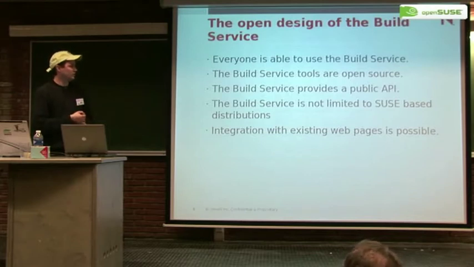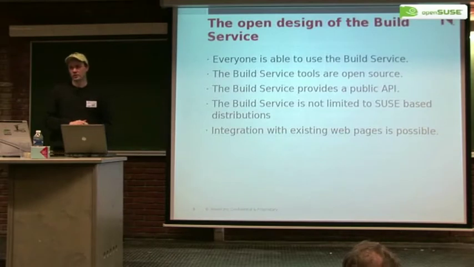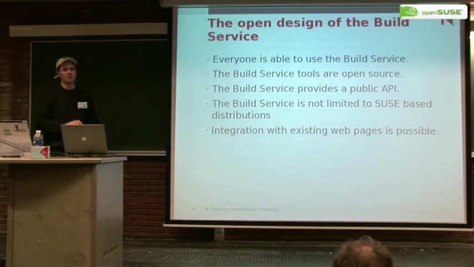A very important and strategic decision was not to limit it to SUSE-based distributions. And actually, it's also not limited to RPM-based distributions. So we already build for Debian in deb format if you upload a Debian description, and we build for various RPM-based distributions.